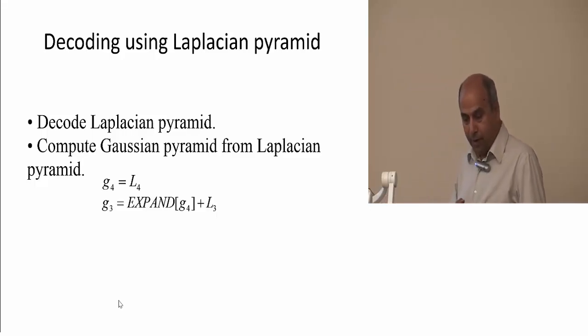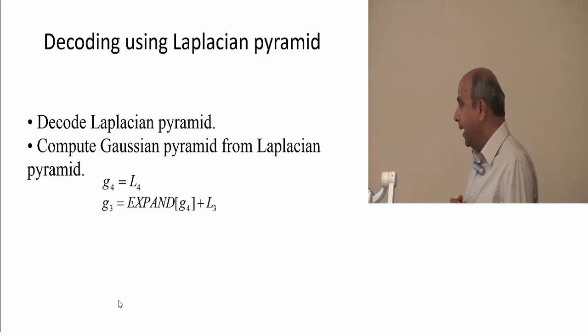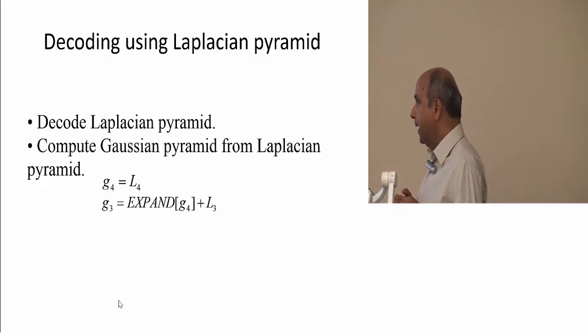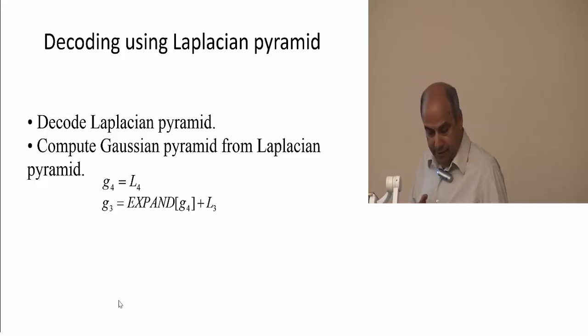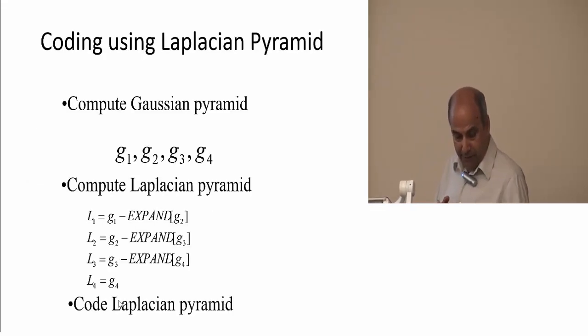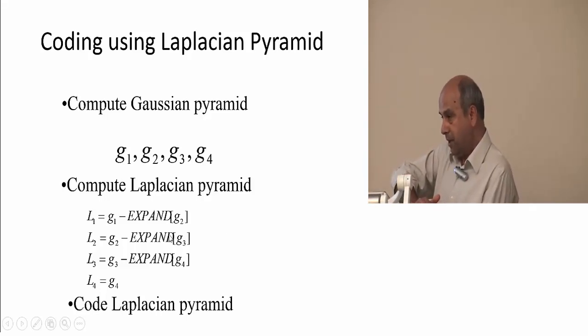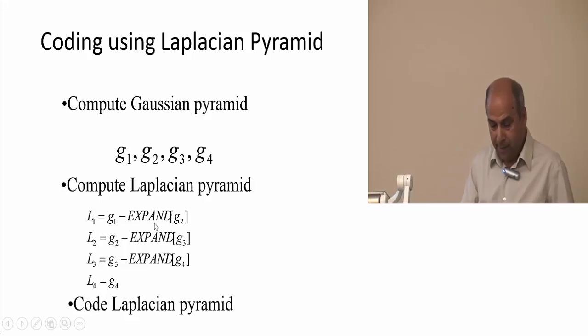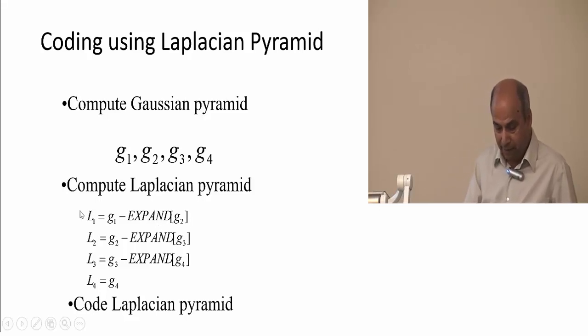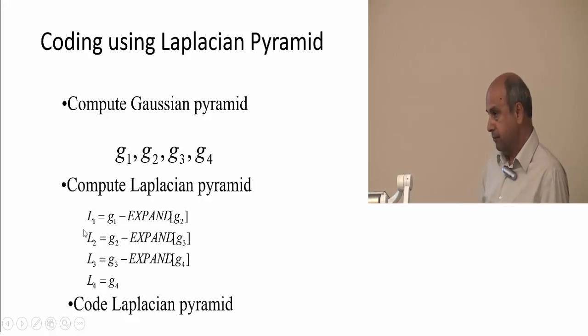Then we take G4, expand G4, and add L3, and we get G3. Because this is the same thing, we just subtract. That's the way we generate it. Remember this? We just move it to the other side, it will become plus. So G1 will become expand G2 plus L1, G2 will become L2 plus expand G3, and so on.